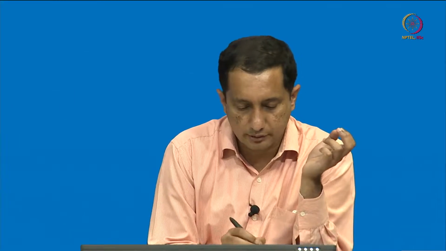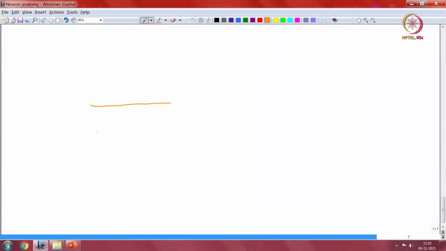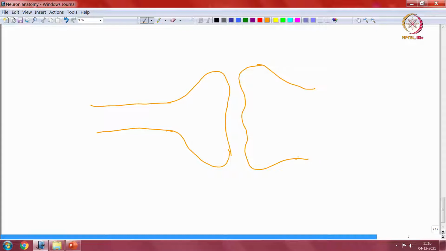We go back to the membrane, which was producing the action potential, and then it produces something called a nerve ending. Now, the nerve ending we will be looking at one synapse over here. We will label this. This is axon.